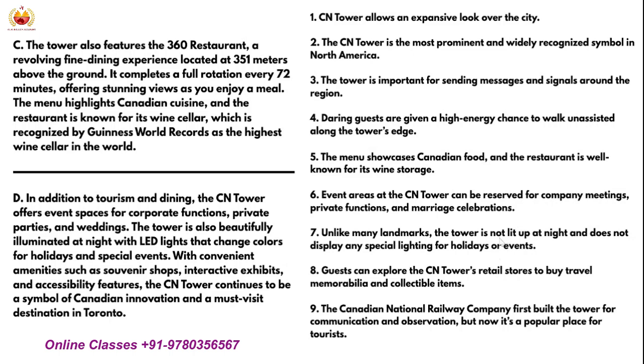Now here the thing is, even if you get the same information, you get the information about the tower, about being lit up at night, about special lighting for holidays and events, the thing here is the question says not and does not, but in the passage it says with lights.